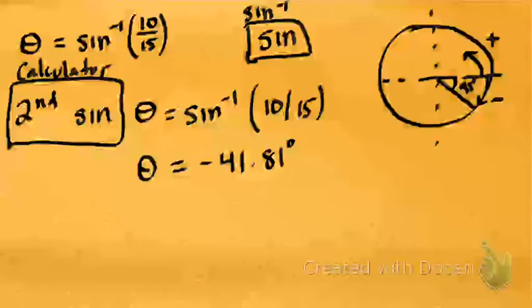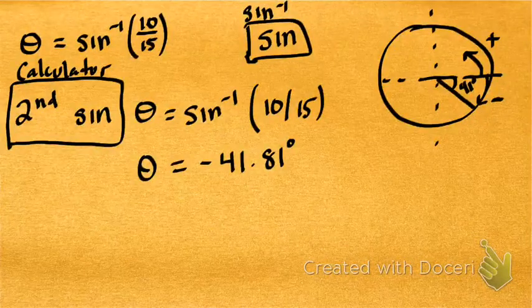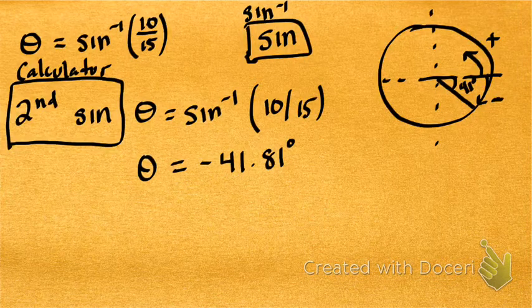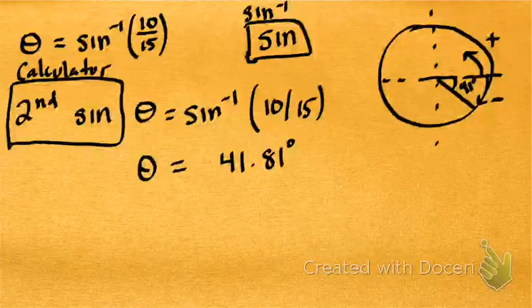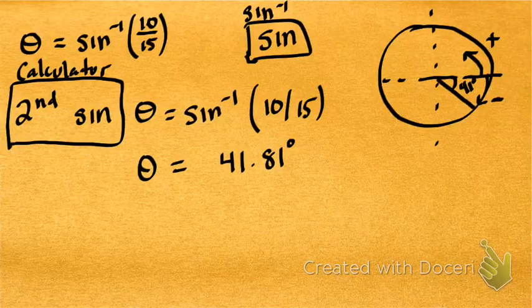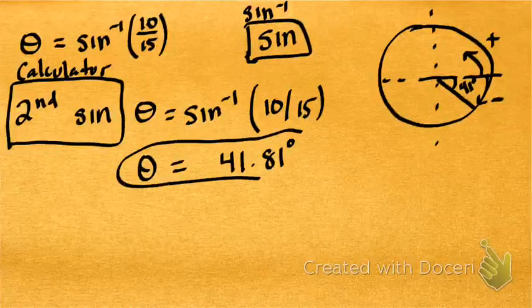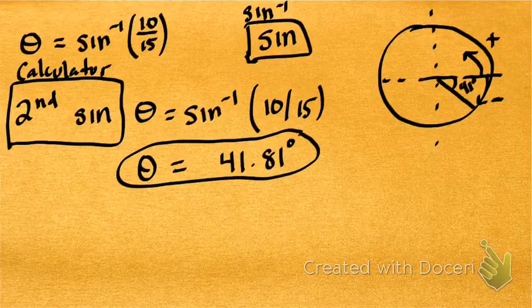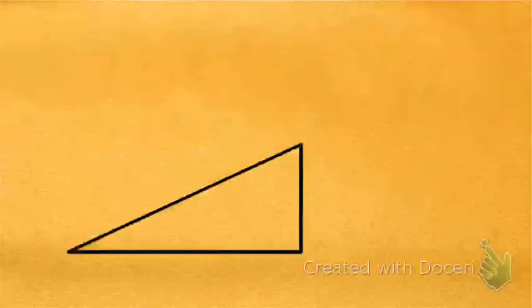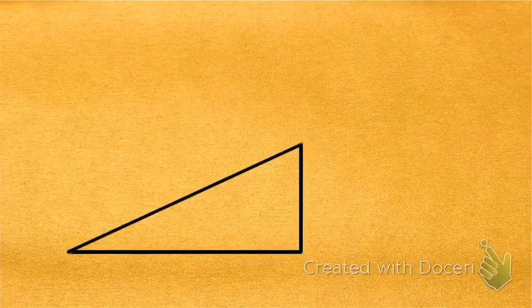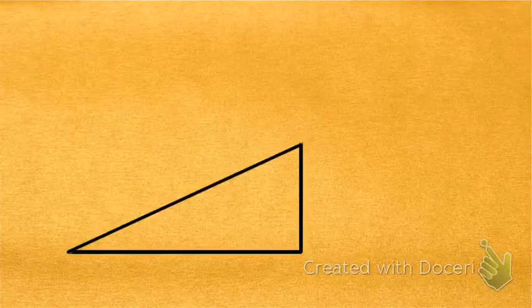Really, this negative is just the orientation of the triangle, not necessarily that it's a negative degree angle. So we're just going to get rid of it, and say that the angle is equal to 41.81 degrees.